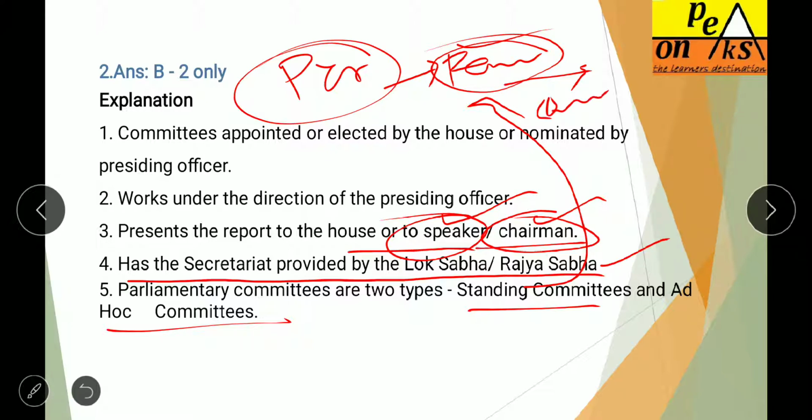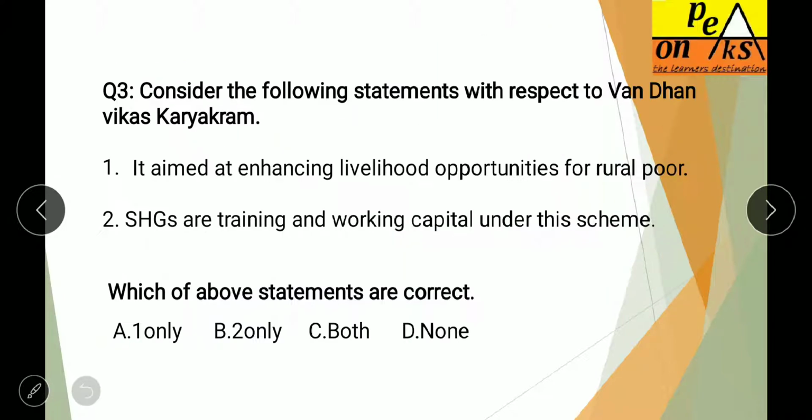Ad hoc committees are temporary in nature, and once the task assigned to the committee is over, these committees cease to exist.